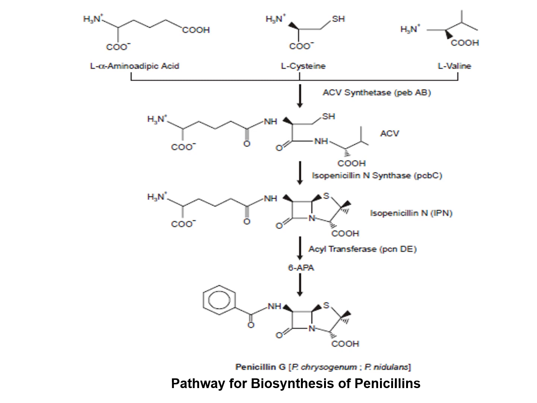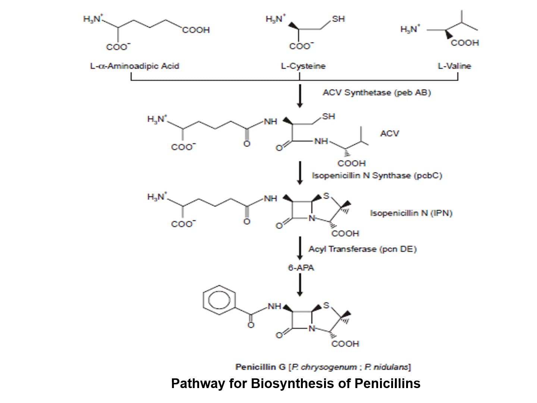So a ring closure reaction is performed by isopenicillin N synthase to form the structure called isopenicillin N. This looks like the basic structure of the penicillin lead molecule, and this isopenicillin N will be acted upon by acyl transferase to form 6-aminopenicillanic acid. So this is the precursor form of penicillin.